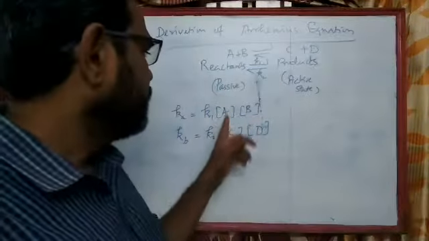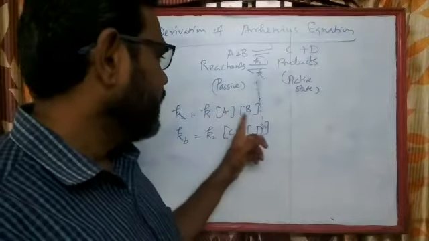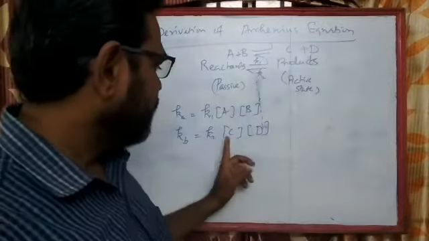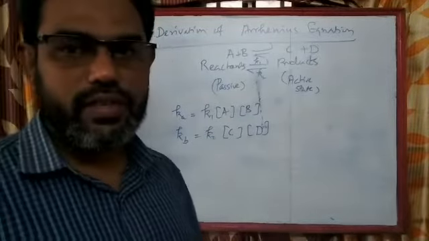For the forward reaction, the concentrations of reactants A and B should be taken, and for the backward reaction, the concentrations of C and D should be taken.